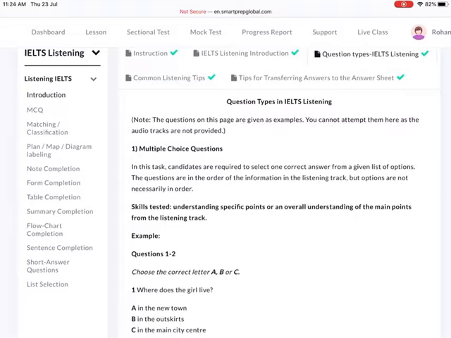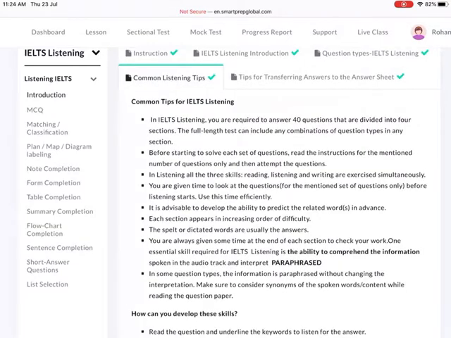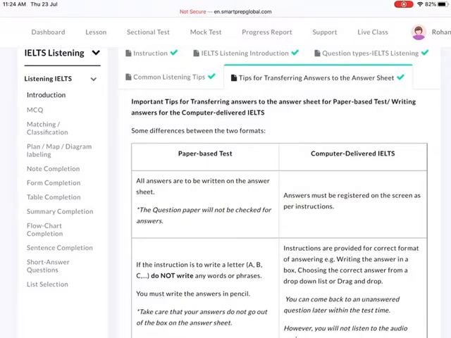Once you understand these question types, we proceed towards the common listening tips. There are tips which are given to the student which he or she shouldn't be missing out on. And once these tips are there, we also guide the student about how to transfer the answers to the answer sheet.